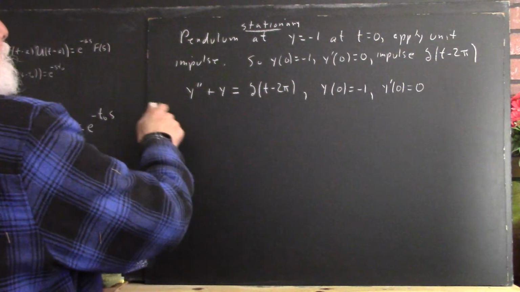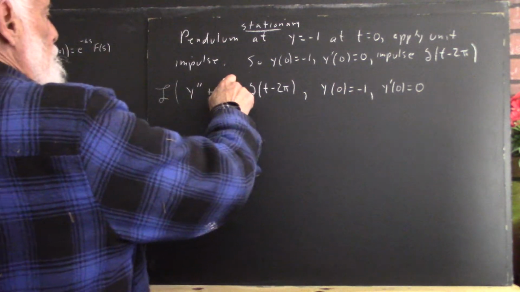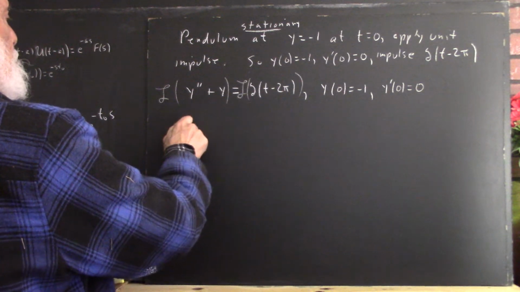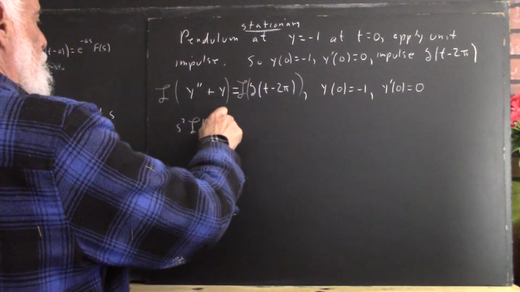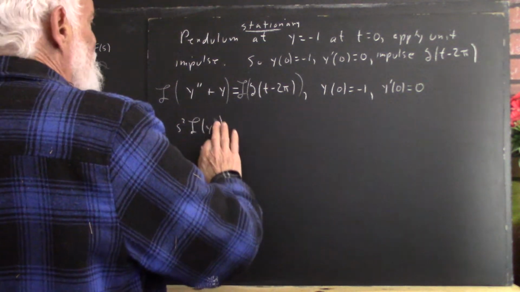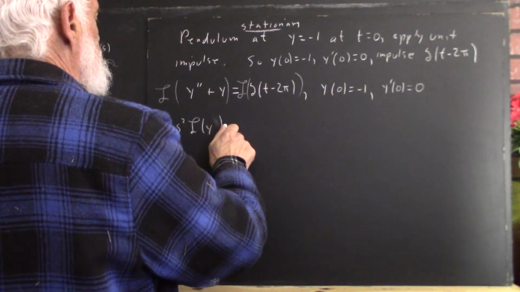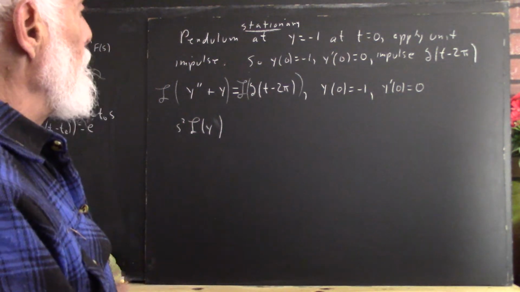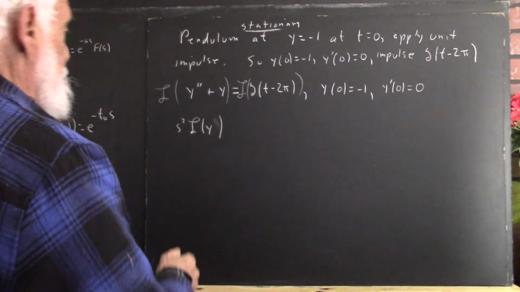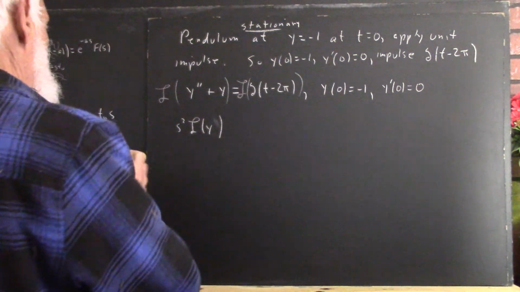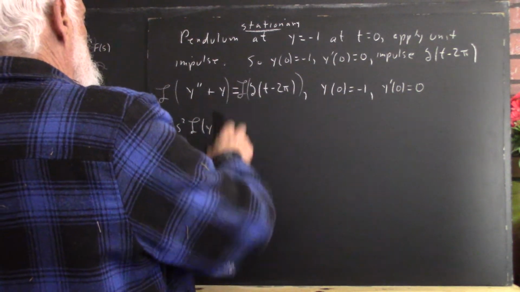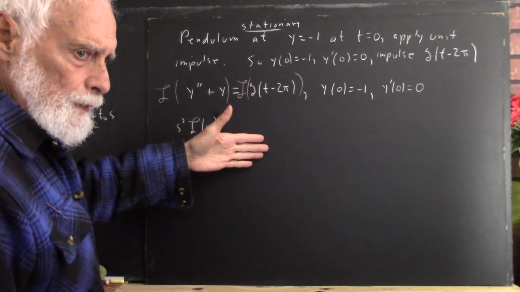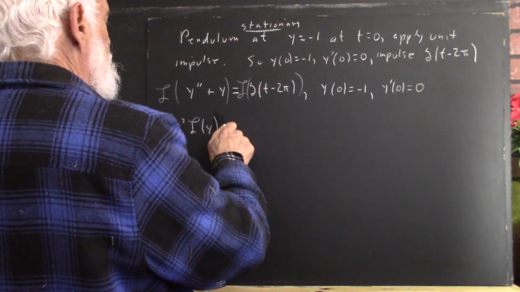So we do our Laplace transform. I'm just going to say, okay, we Laplace transform this, we Laplace transform this, and we get s squared L of y, and then it's minus s y prime of 0, but y prime of 0 is 0, we don't need that. But we do have the s times y of 0 now, and this is where this model is going to differ from the one we did earlier.